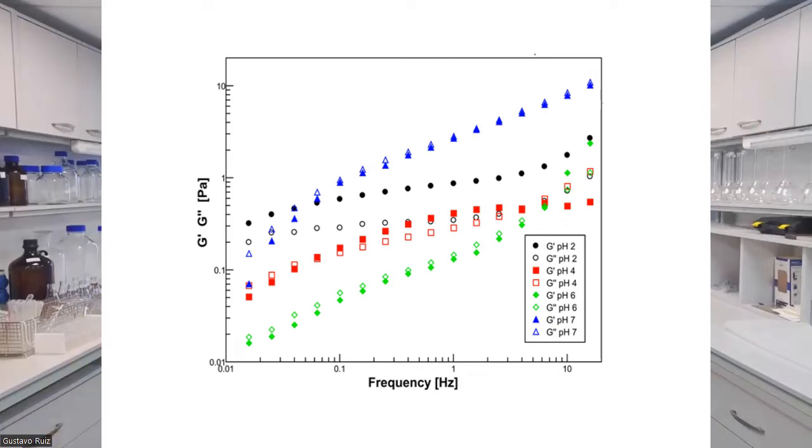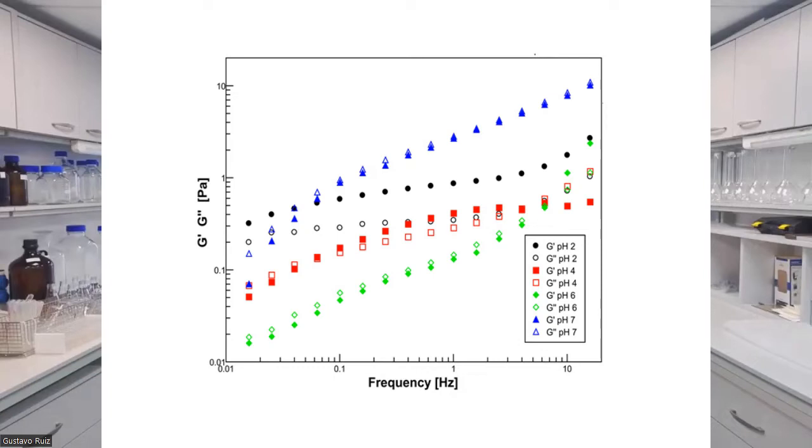It means that at these values of pH, the mucus exhibits a polymeric solution behavior that is more related with something liquid, and during the pH 2, the acidic condition, the elastic modulus was clearly dominant, we say that it has a weak gel behavior.